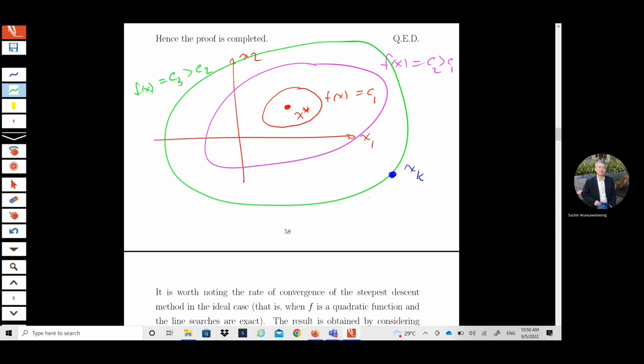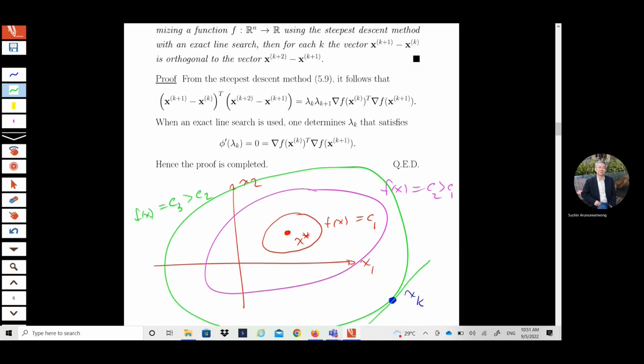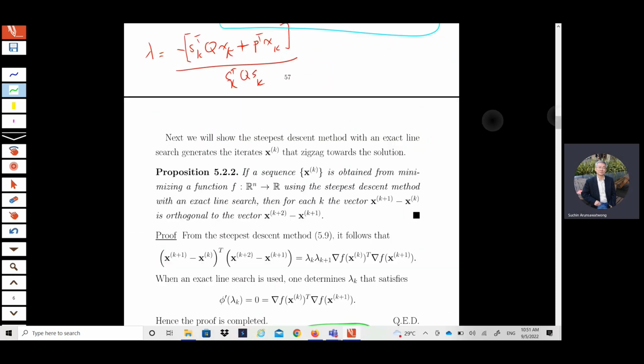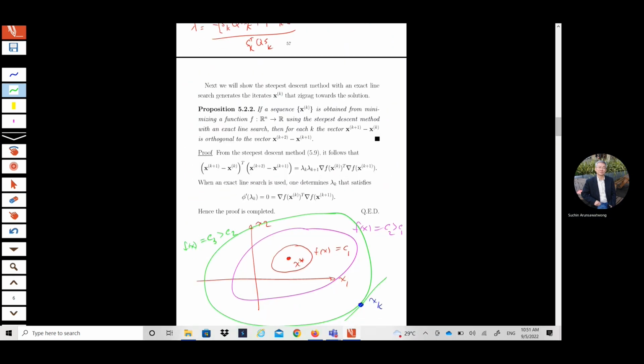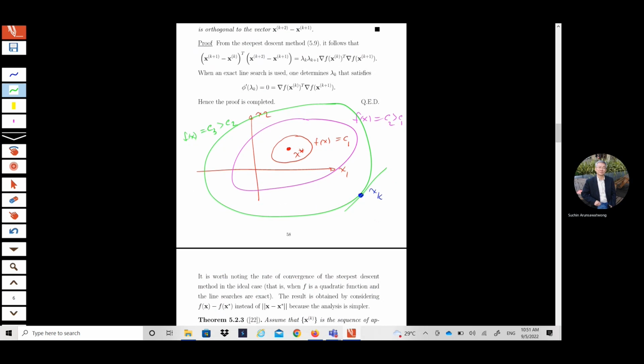This is the tangent line or tangent plane in the Rn space, and then you draw a normal vector at this point. The normal vector is this. This is the grad f. And this is the search vector, the minus grad f(xk).